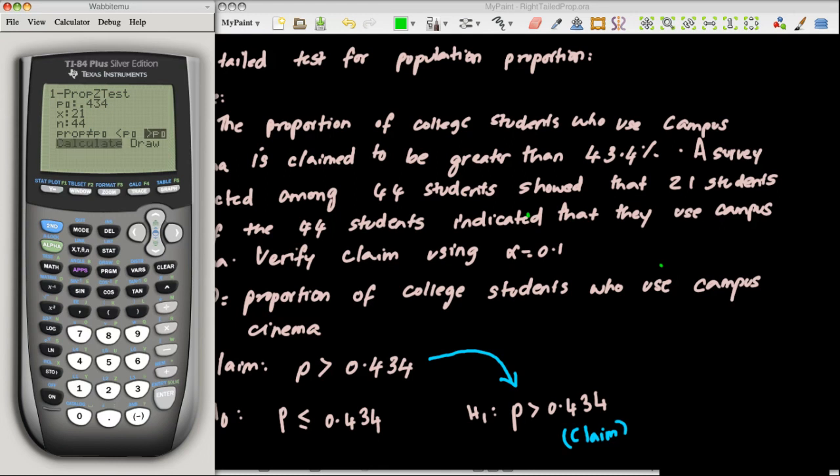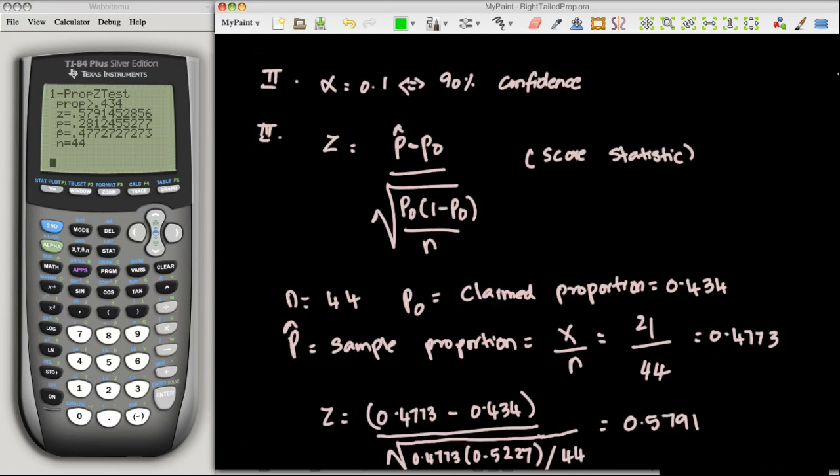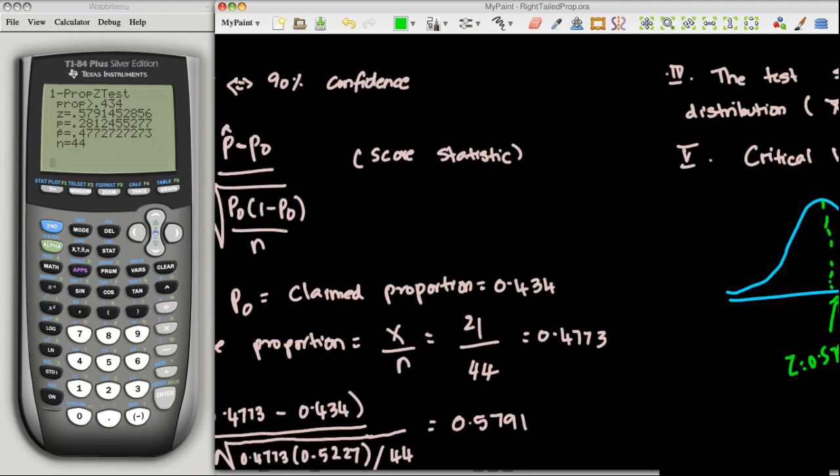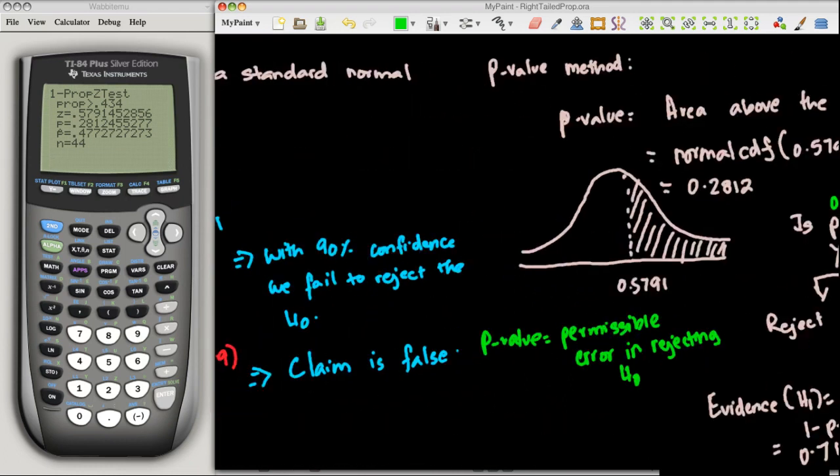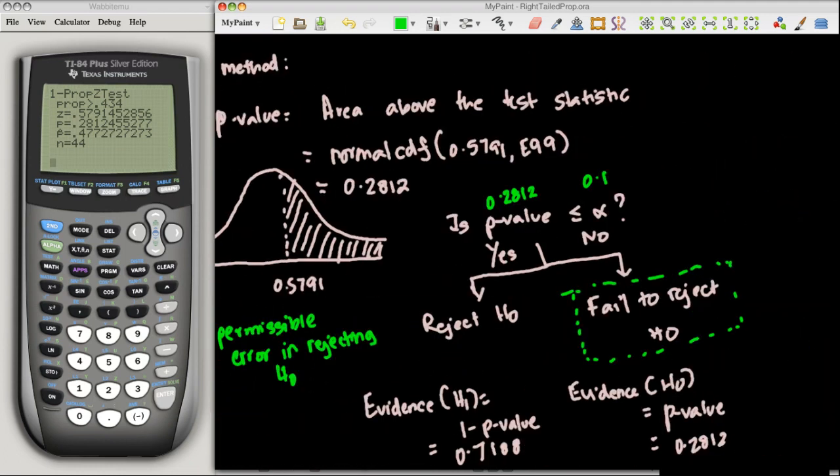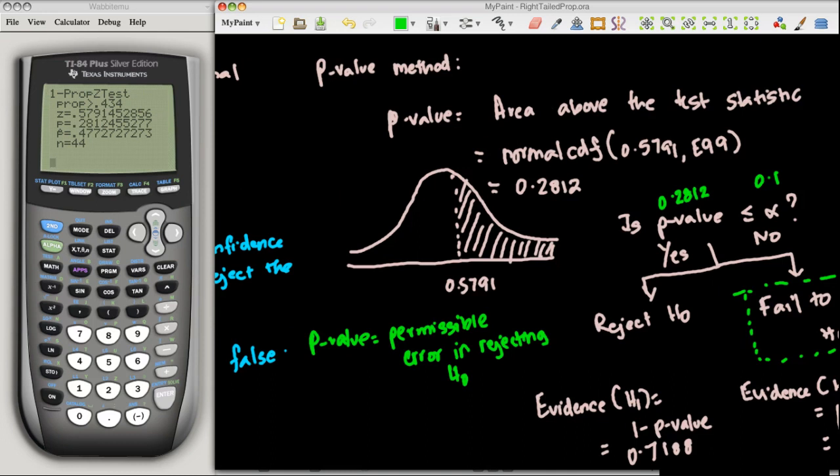Now, when I press calculate, I'm going to get the conclusion of the test. You can see that the test statistic is 0.5791, which is exactly what I have in my problem here. And the p-value is 0.2812, which is right over there. So the calculator can do almost everything for you if it is a score statistic.